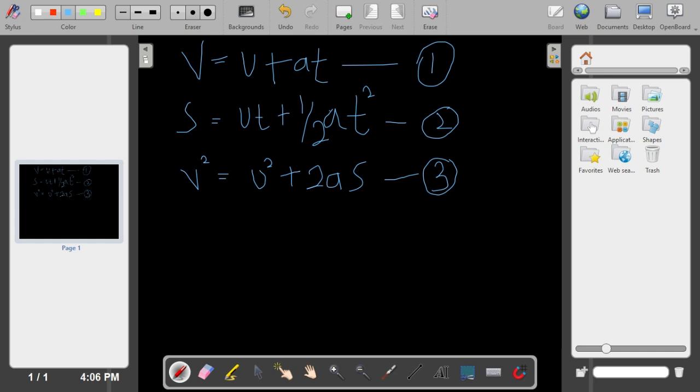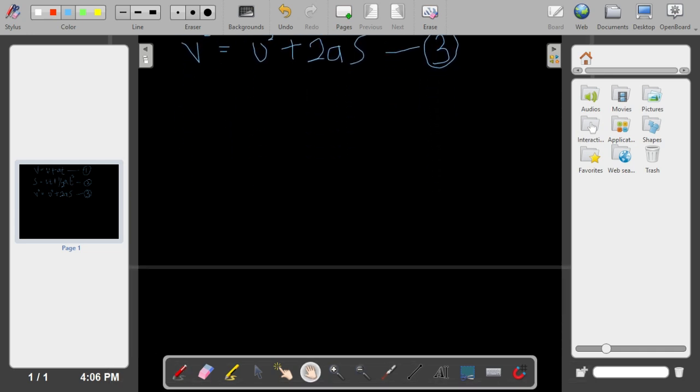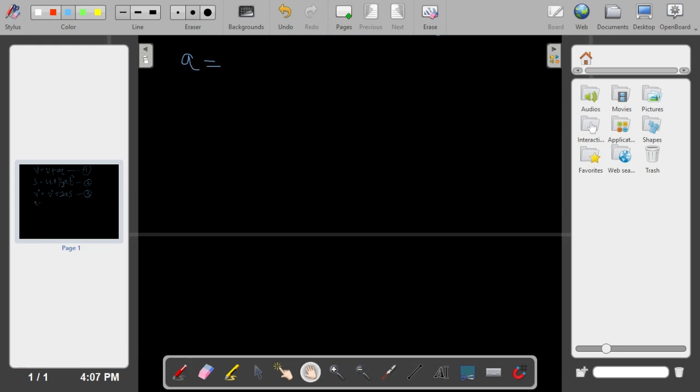So the first thing to do is we're going to look at the first one. If you recall, acceleration is the rate of change of velocity. So acceleration equals v over t.